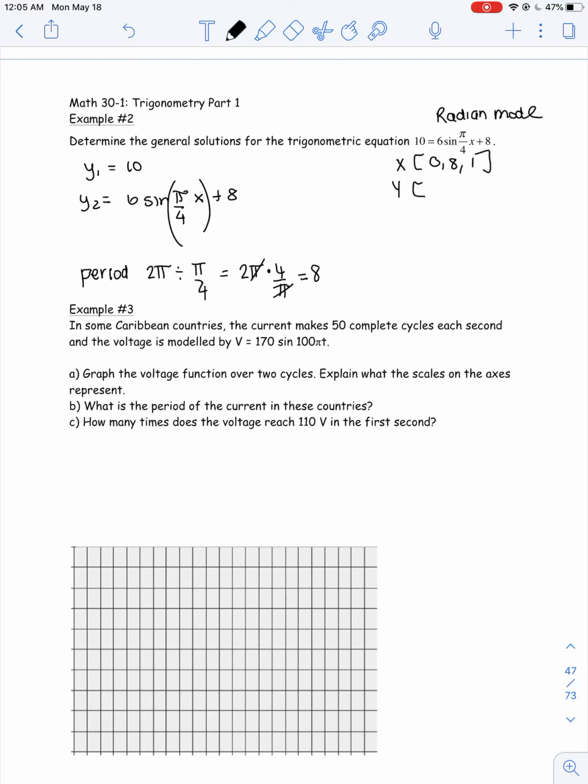So I'm going to go from 2 up to 14. So that will go from the minimum to the maximum, and that would be 1 cycle.